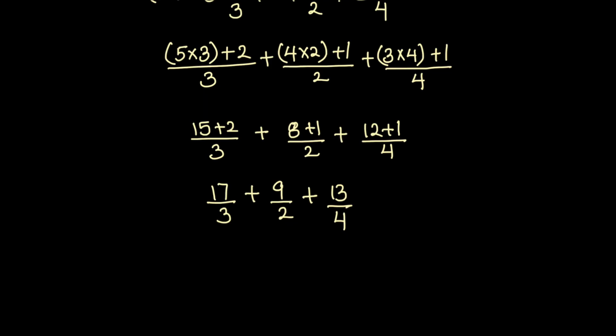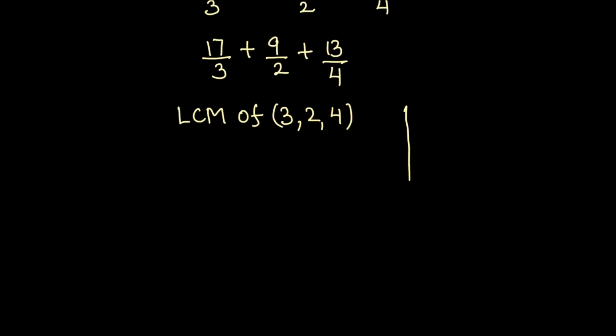And we see that all the fractions have different denominators. For adding the fractions, we need to first find the common denominator or the LCM of the three denominators. So we'll find the LCM of 3, 2 and 4. Let's find the LCM on the right hand side here. So that's 2, 3 and 4.